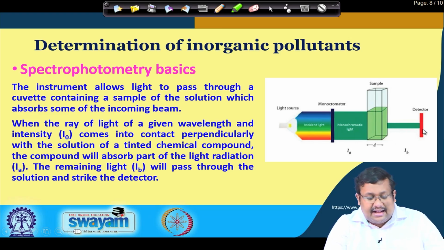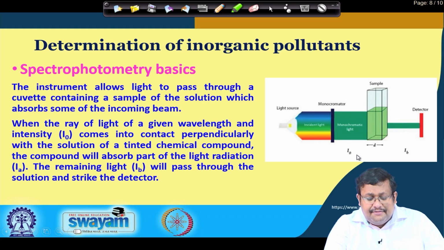So, when a ray of light of a given wavelength of intensity I0, the incident ray, comes into contact perpendicularly with the solution of a tinted chemical compound, the compound will absorb part of the light radiation, which is denoted by IA, and the remaining light, that is IB, will pass through the solution and strike the detector at the other end.